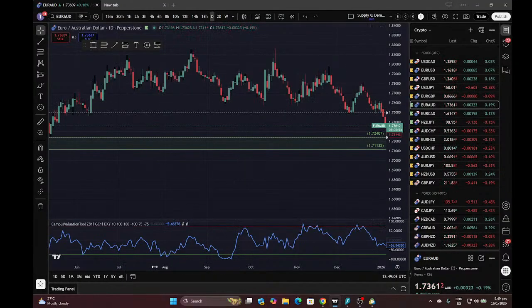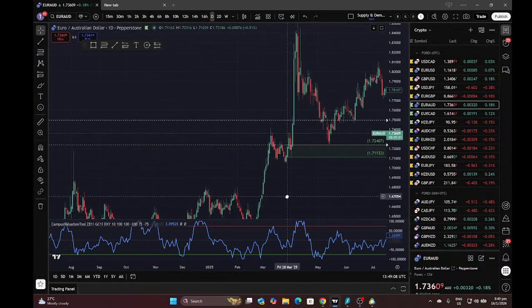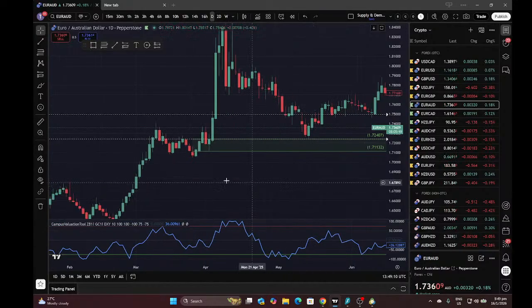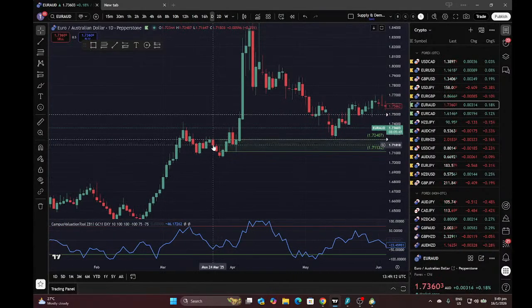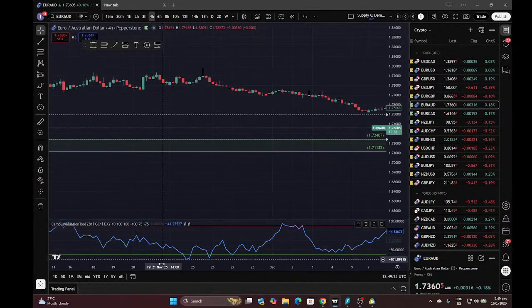So right now what we're gonna do next is go to the lower time frame to analyze this base to see if we can further fine-tune our entry. So I prefer the 4 hours.